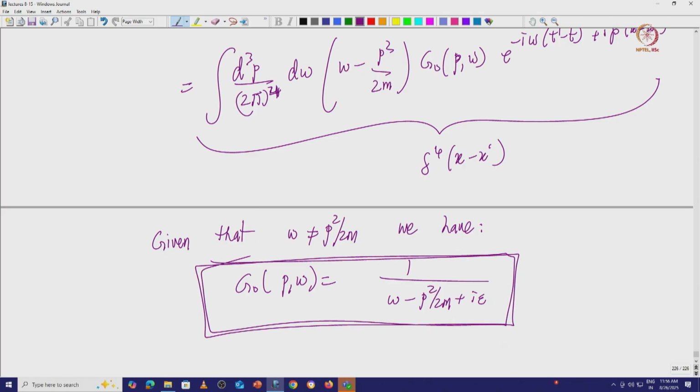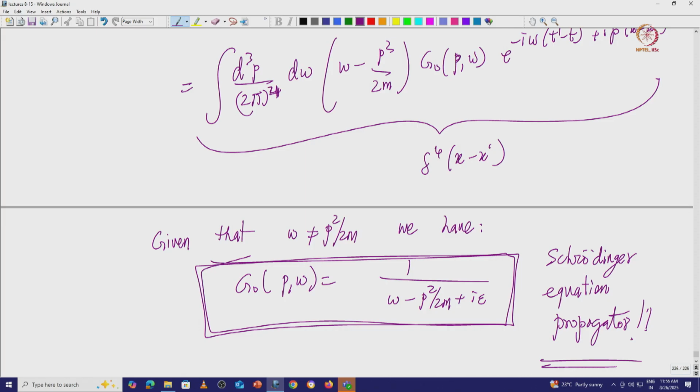This is your propagator for the non-relativistic fields. So this is the propagator, this is nothing but your Schrodinger equation propagator essentially.